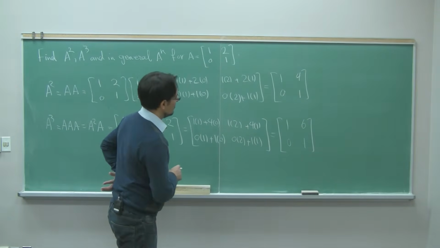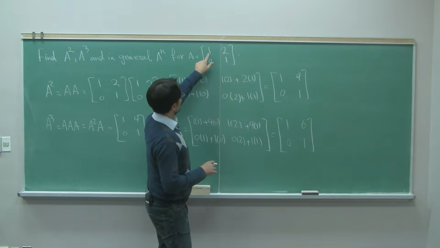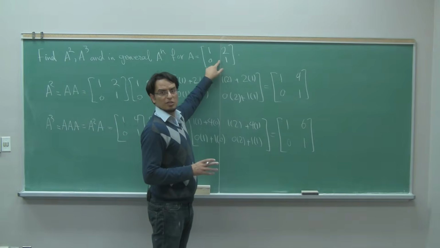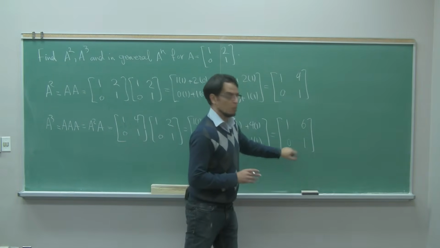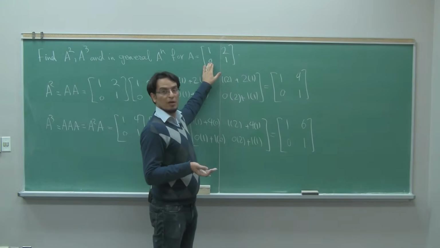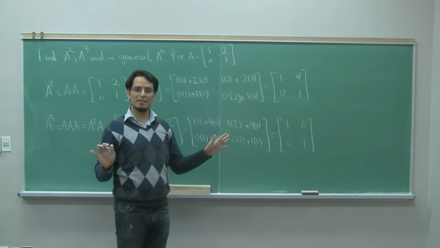Here, maybe you already noticed some patterns. For example, the diagonal entries are not changing. They are always 1, and you have 0 in the 2,1 entry in all powers. That's a pattern.